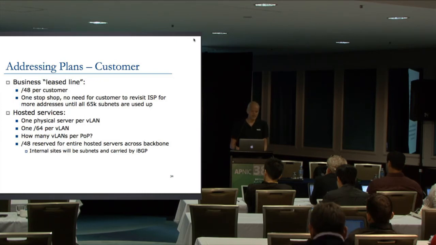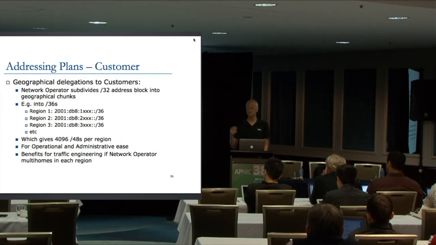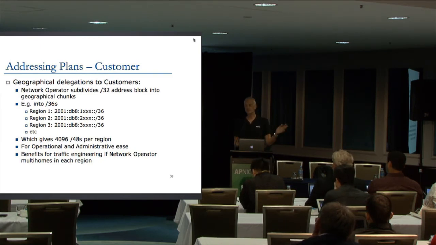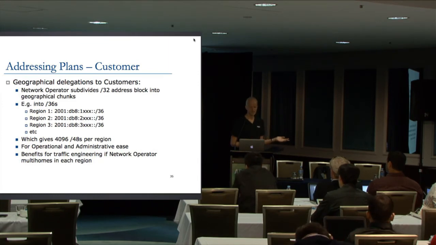Some people do geographic delegations. The customer delegations probably connect to upstream providers in one location, so they just start at the beginning of the pool and race through it. That's the sequential approach. Others will split the country, or region, into sub-regions, provinces or whatever. In this example, we take a /32 and divide it into /36s.